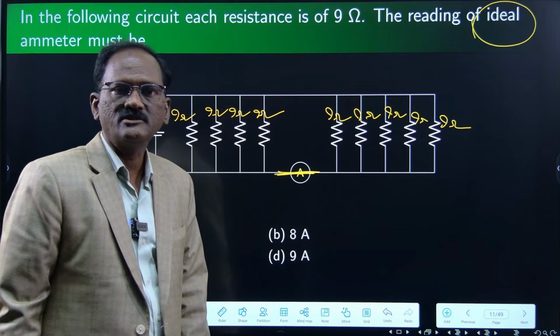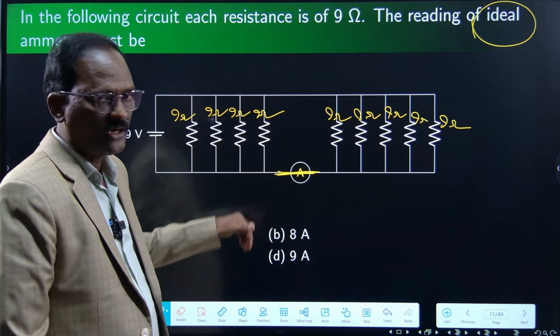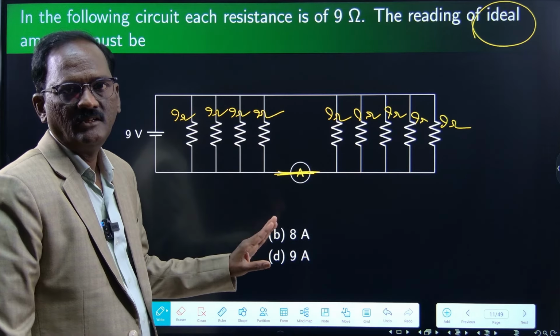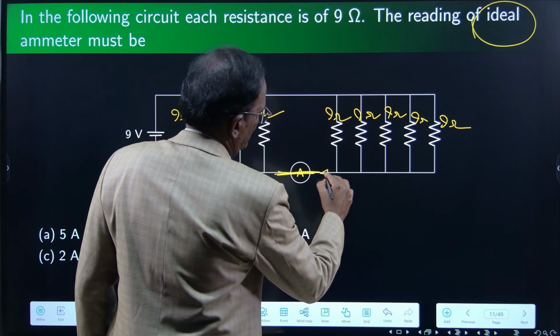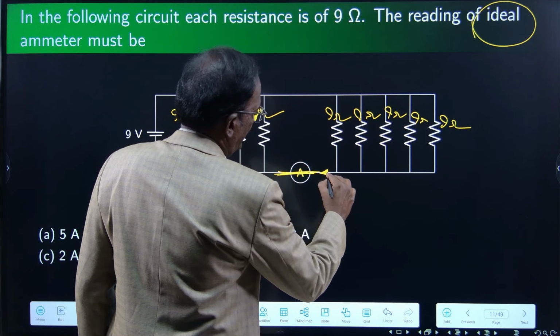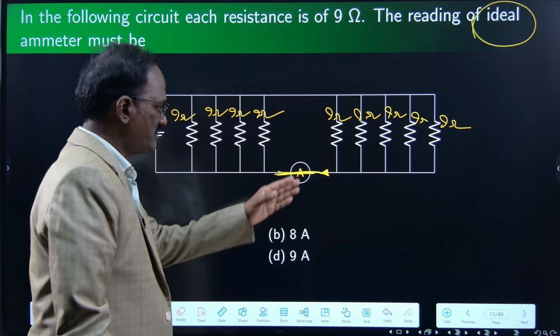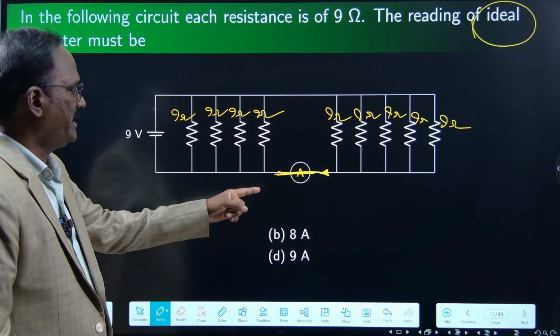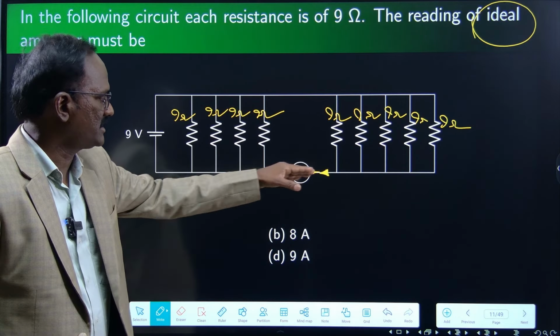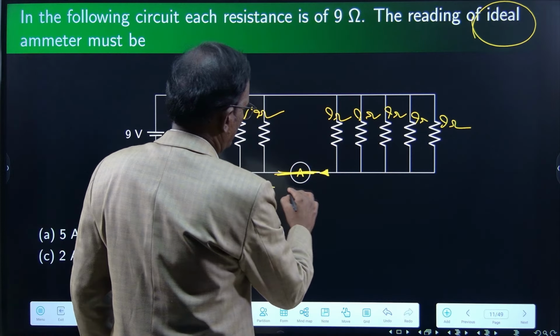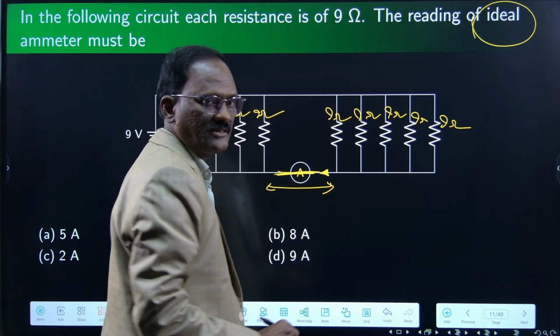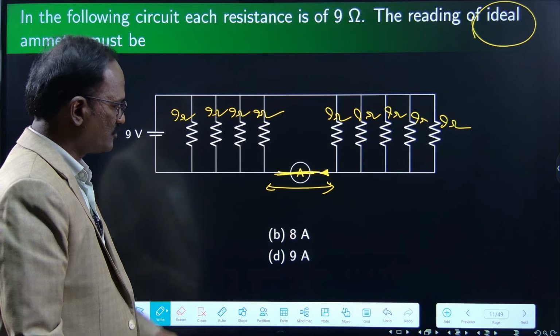You can remove the ammeter and draw a short circuit. The ammeter reads the current flowing through this line. Actually, the question is: what is the current flowing between this part?